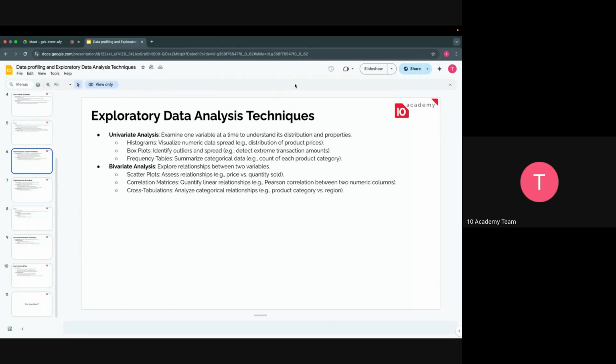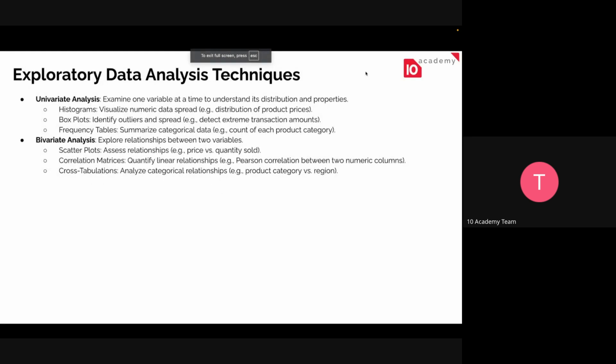Okay, so let me just continue. Let's go to EDA, or exploratory data analysis techniques. We have around five, but mainly univariate, bivariate, and multivariate analysis.